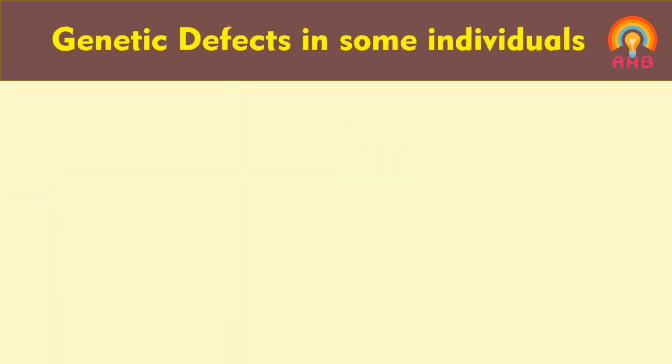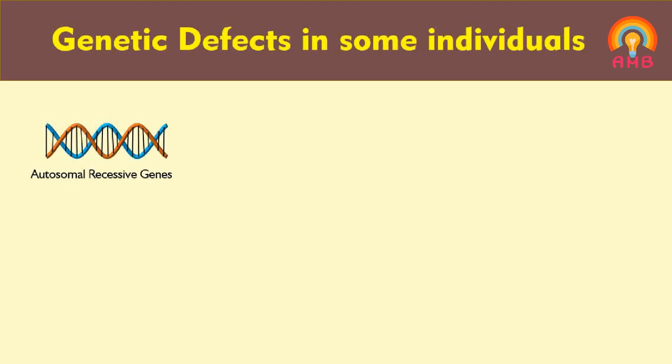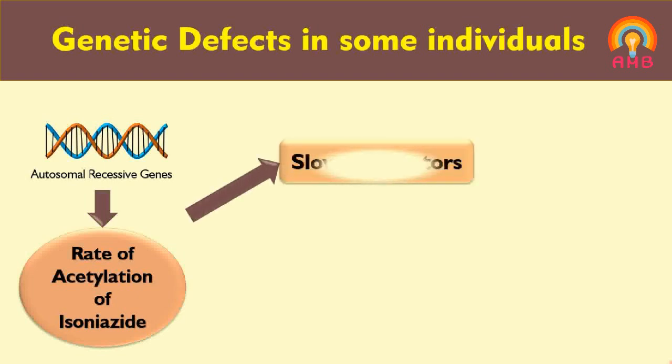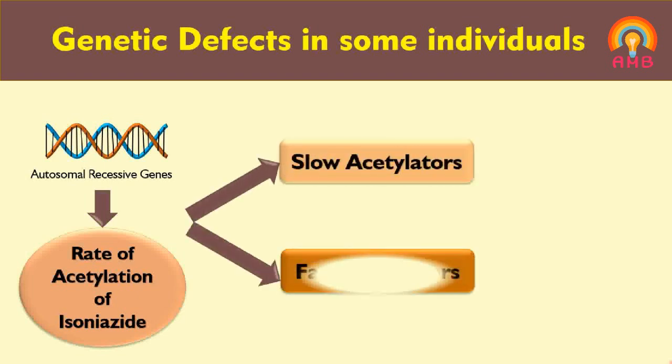Another example we are discussing is acetylation status. Autosomal recessive genes present in the body of the individual decide the rate of acetylation, or metabolism, of the drug isoniazid. Isoniazid is metabolized by acetylation, and the rate of acetylation of isoniazid is decided by autosomal recessive genes. Now, depending upon the status or rate of acetylation, individuals can be divided into two types: slow acetylators and fast acetylators.